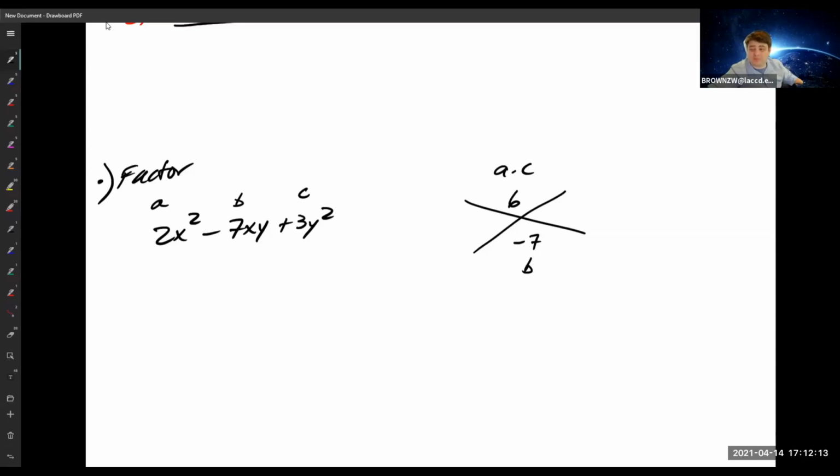Well, the only way to multiply to a positive number with negatives involved is that both of these have to be negative numbers. And the only way for this to work out is if we have negative 6 and negative 1. Those multiply to be positive 6 and add to be negative 7.